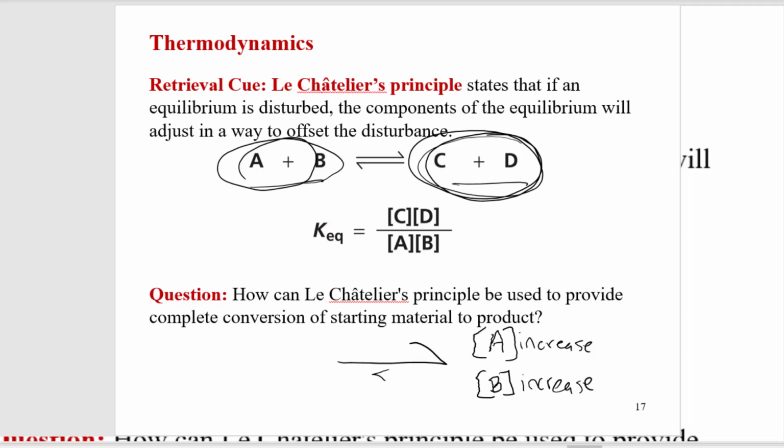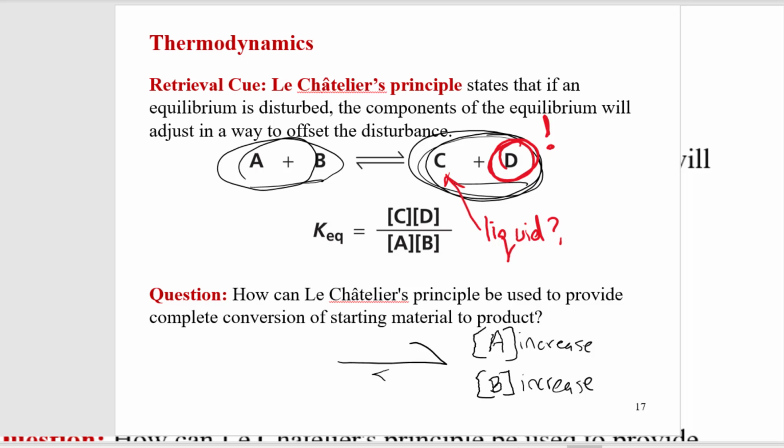Also, let's say D was the one that you really, really wanted. Sometimes one of them is the one that you're really interested in, and the other one might be some liquid byproduct. Maybe you could set up a distillation so that C was getting distilled away over time.